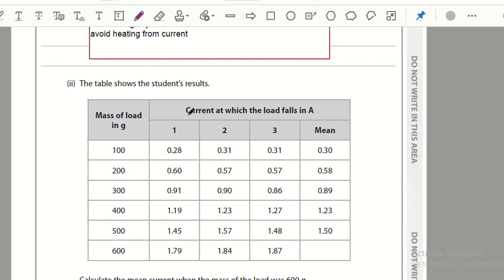He repeated the same step for the same weight 2 times and finds the mean. And then he repeated for other masses following the same procedure.